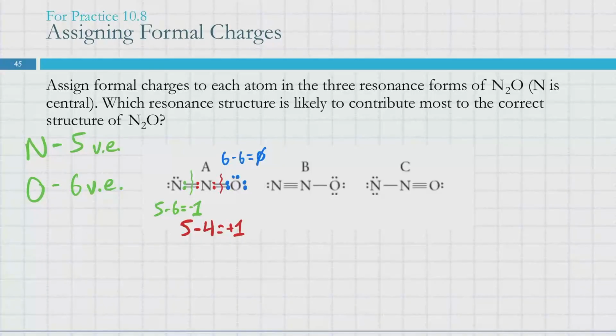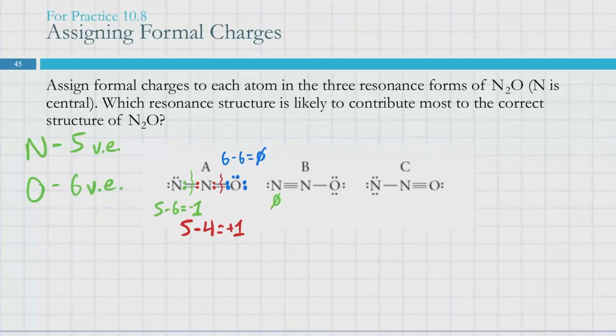Questions about coming up with those formal charges? Okay, and then for structure B, our nitrogen on the left is going to have a 0 for its formal charge. It's got 2 that are on it, and then it's got 3 from this triple bond, so that's 5.